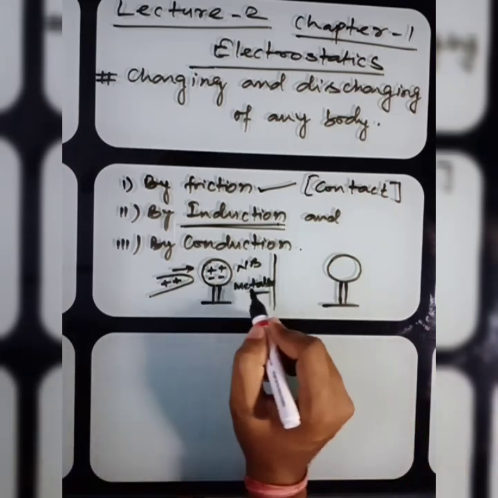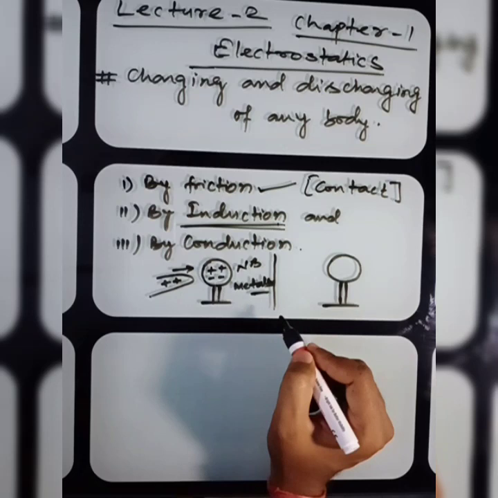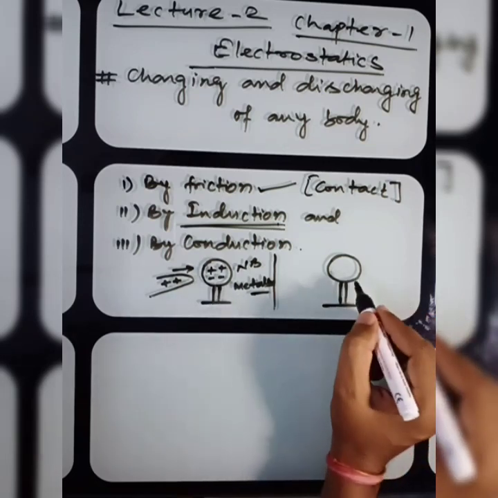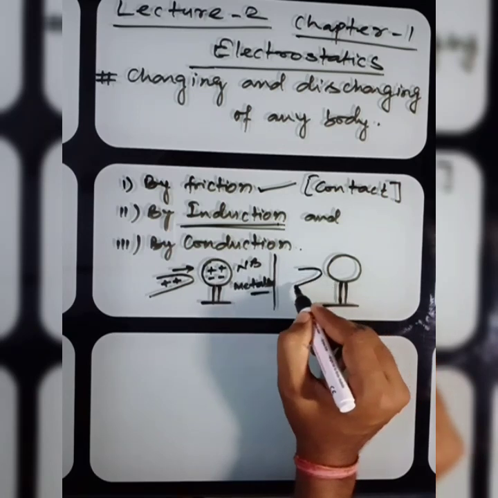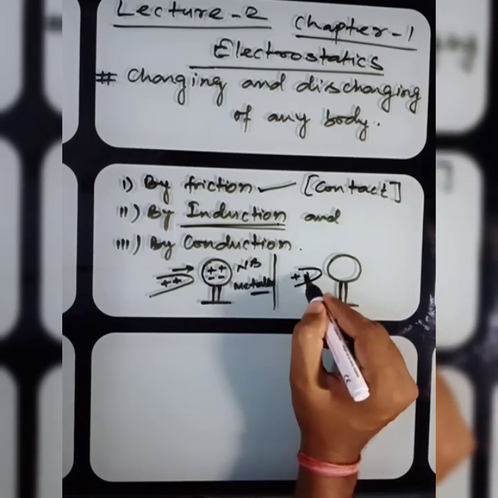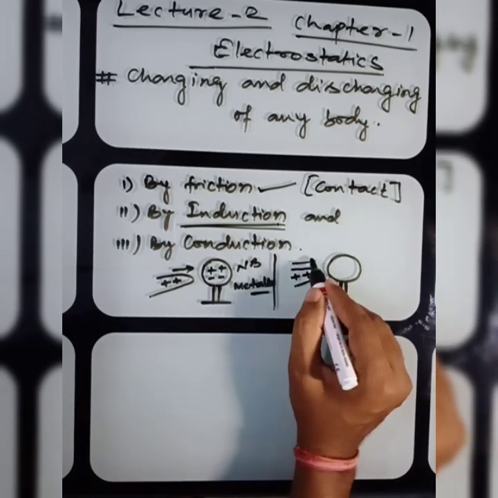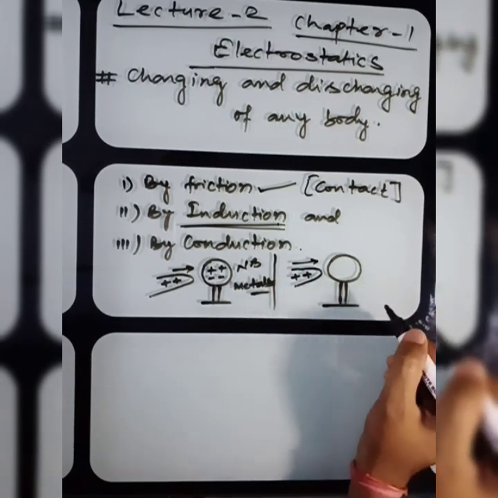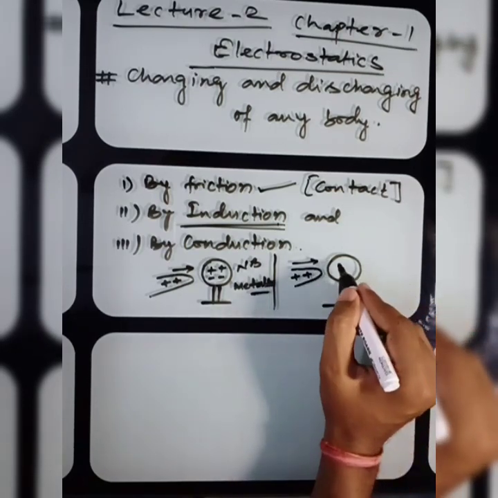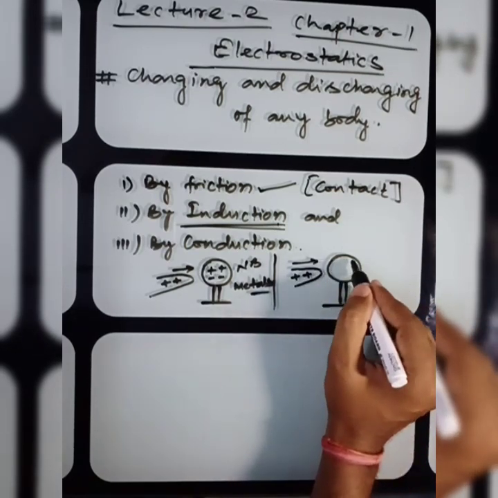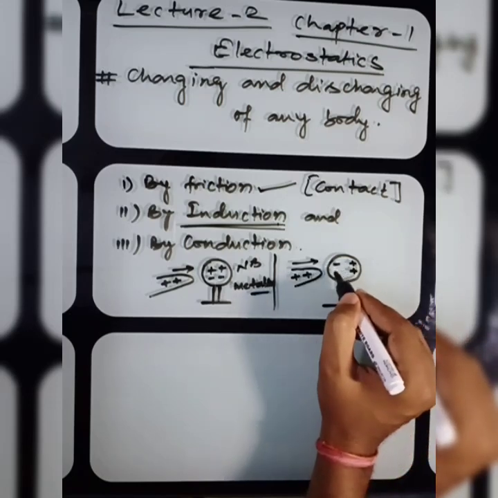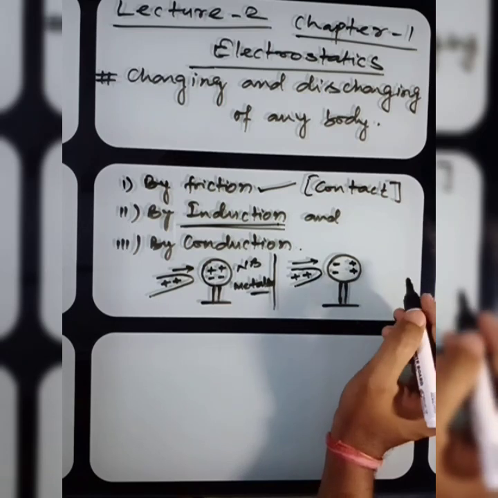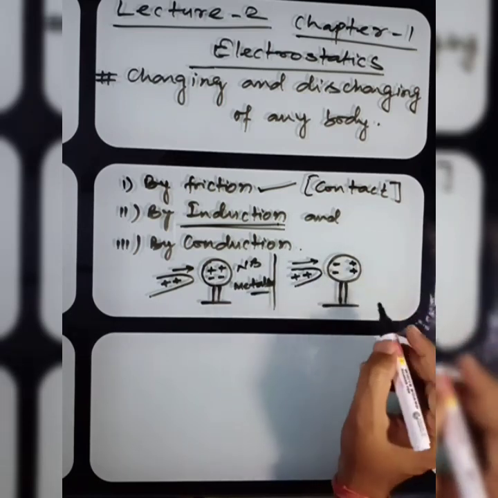Remember, this metallic body is initially neutral. As you keep this rod near the body, what will happen? The positive charge will move away and the negative charge will be attracted towards the rod.